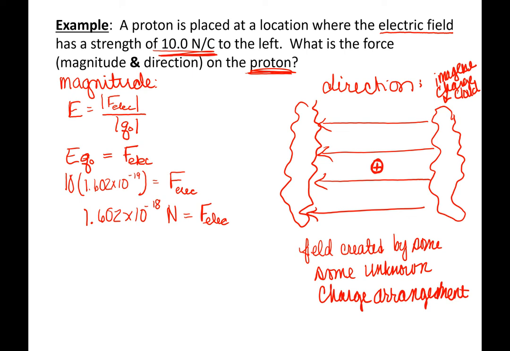Well, from our previous knowledge, we know that electric fields move away from a positive charge and toward a negative charge. So now all I did was add in those charges in my imaginary clouds. And now it's pretty safe and easy to see that this proton here is going to be repelled by the positive charge cloud on my left, on my right, and will be attracted to the negative charge cloud on the left. So it experiences a force to the left.